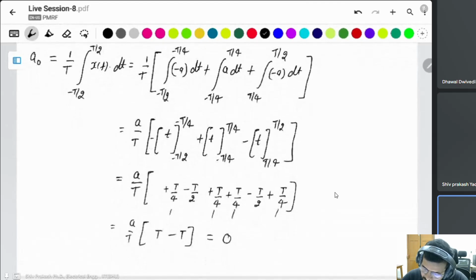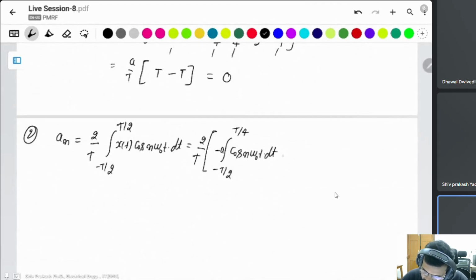Then minus T by 4 to T by 4, plus integration of T by 4 to T by 4, A cos of n omega naught t in dt.